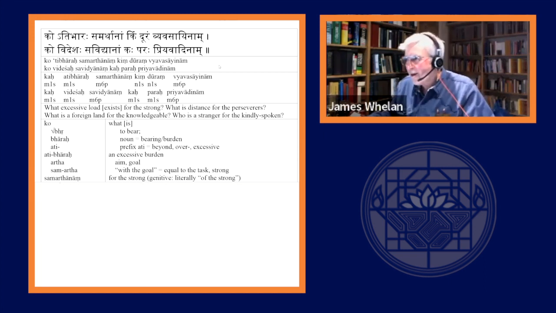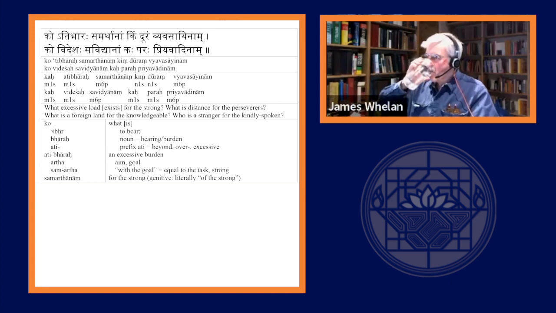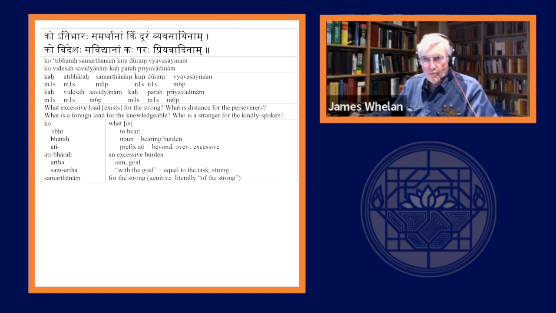Sir, before closing, I want to make sure a very small thing. Please. It's okay. So the verses: ko atibharah samarthanam, ko dura vyavasayinam, ko videsha savidyanam, ko parah priyavadinam.